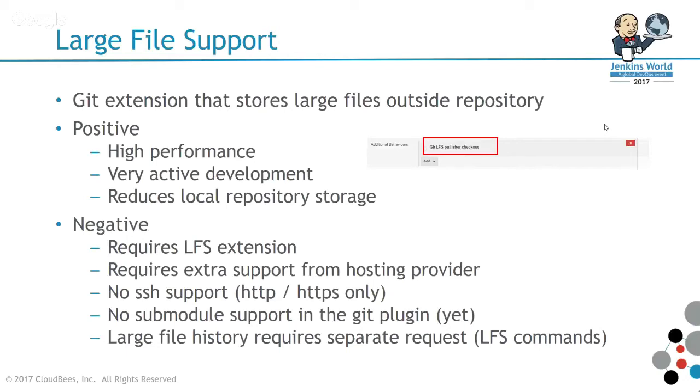There are many that support Git LFS as a standard extension. It's a good way to do enterprise scale large file transport. LFS is high performance, it's very actively developed, and it dramatically reduces the requirement for local repository storage on you.